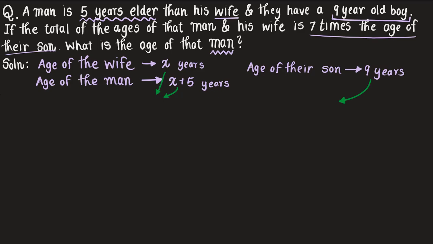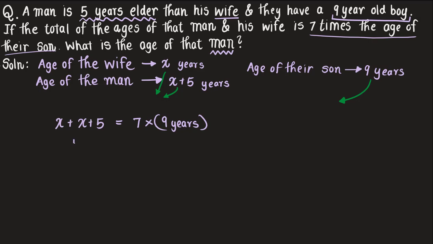So let us make our equation. It would be x plus x plus 5, this is the sum, equal to 7 times the age of their son, that is 9 years. So we have our equation in our hand, so we have to just solve it now.